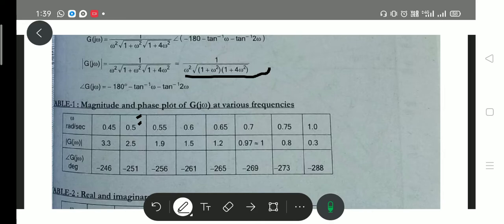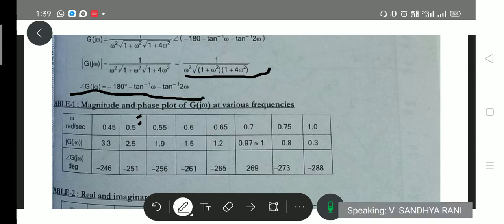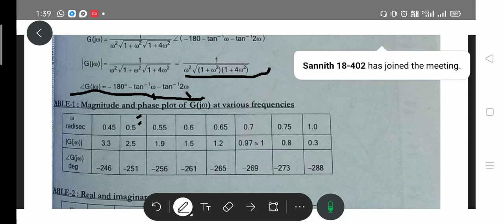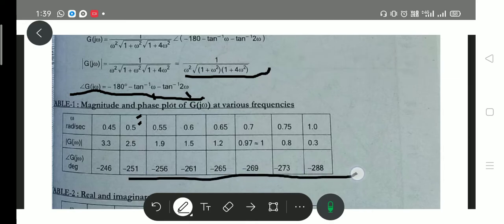Then we substitute in the phase also, wherever omega is there, substituting 0.5, 0.55 and so on up to 1, then we will get the phase of the system.